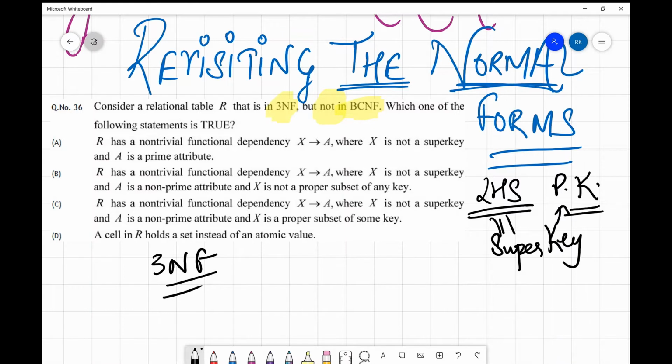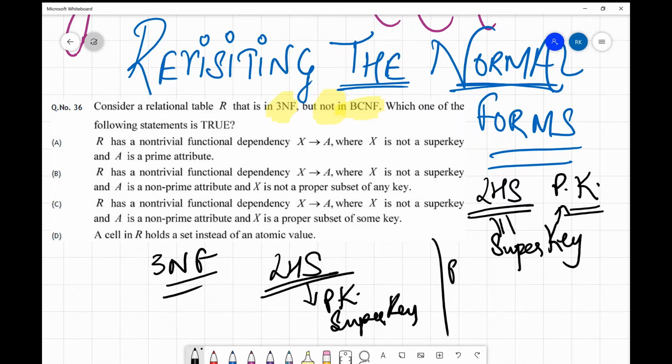The rule says that either the left hand side should be a primary key or a super key, or the right hand side should be a prime attribute or a combination of prime attributes.